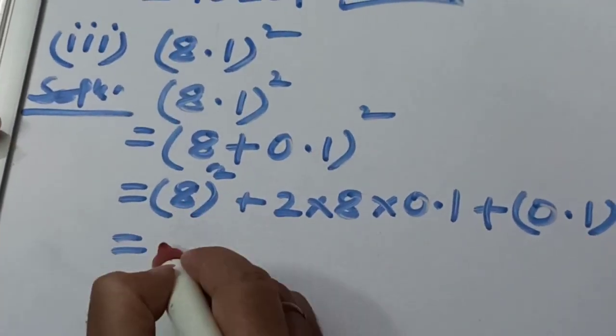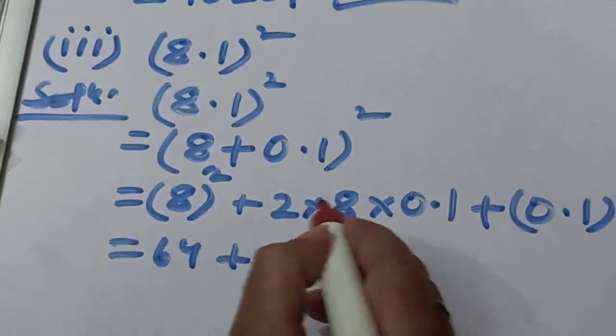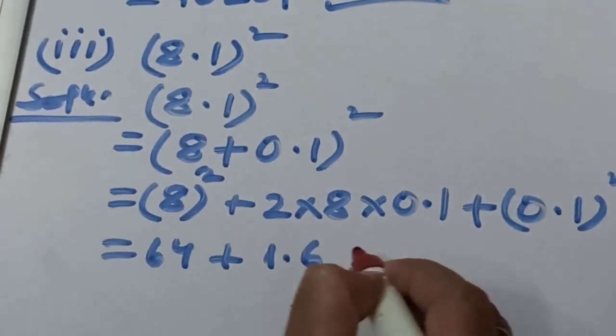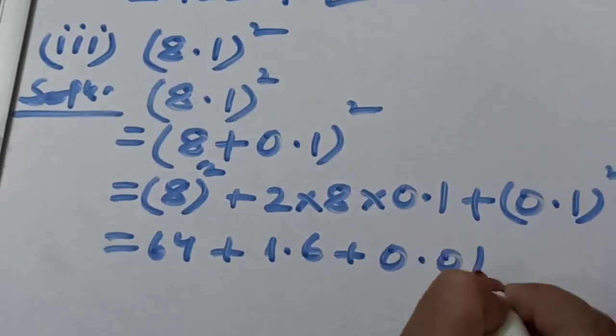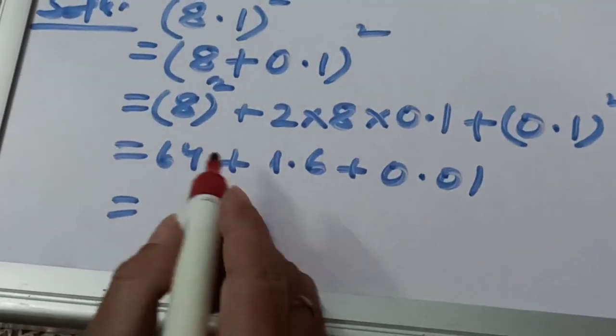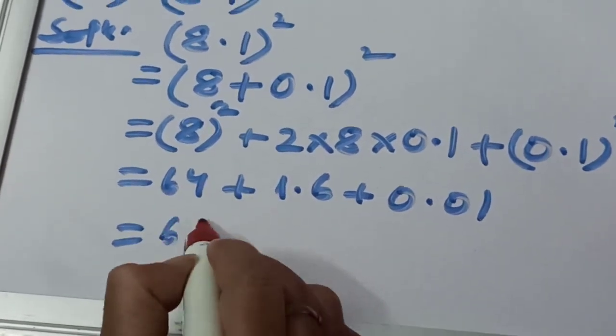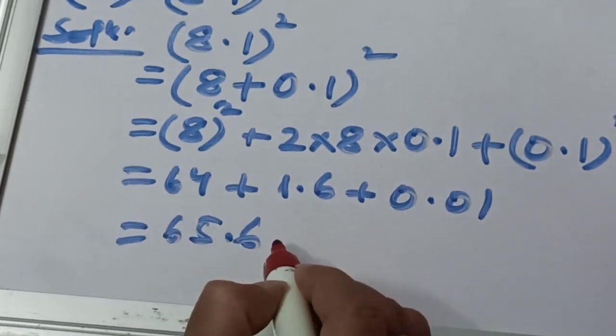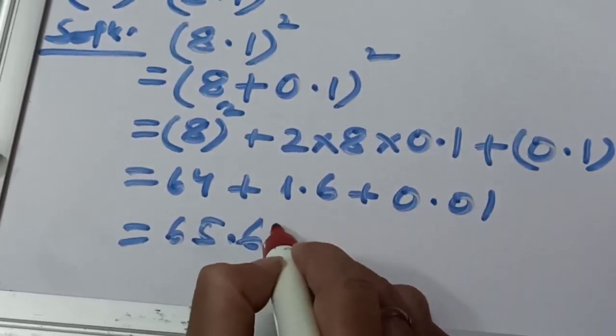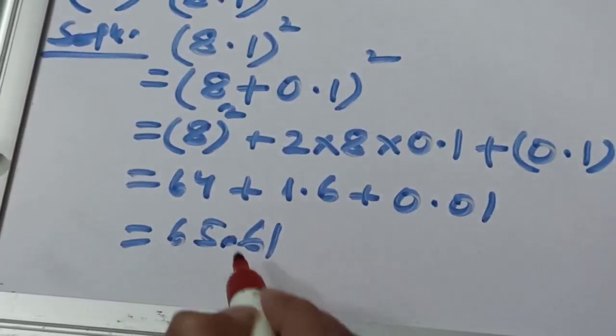Understand? 8 into 8 is 64, plus 2 into 8 is 16, so 1.6, plus 0.1 multiplied by itself is 0.01. After that 64 and 1.6 make 65.6, and the last place is the hundredth place, so we write 65.61.